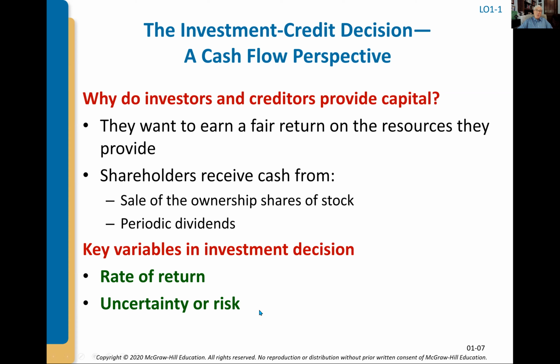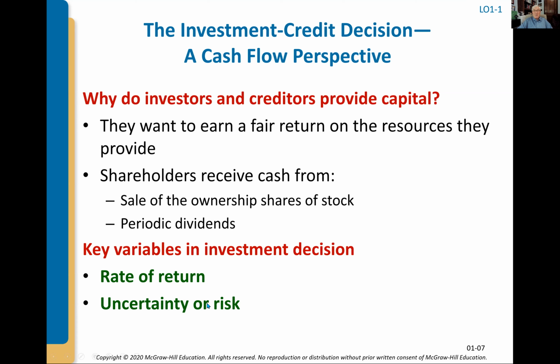Now, if there's a high risk, we look at that story and it seems like serious risk, then we're going to want a higher rate of return. I might be willing to invest in a new startup company. Maybe they're losing money now, a lot of risk, but maybe they can have a super high rate of return. Or, maybe a more stable company. I think of General Mills that makes cereal.